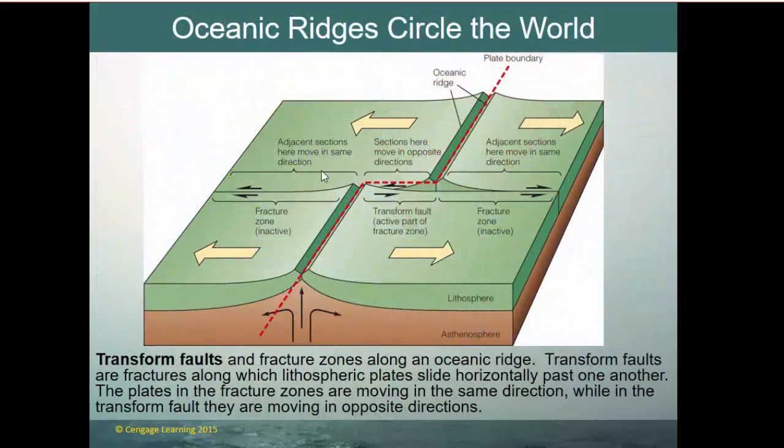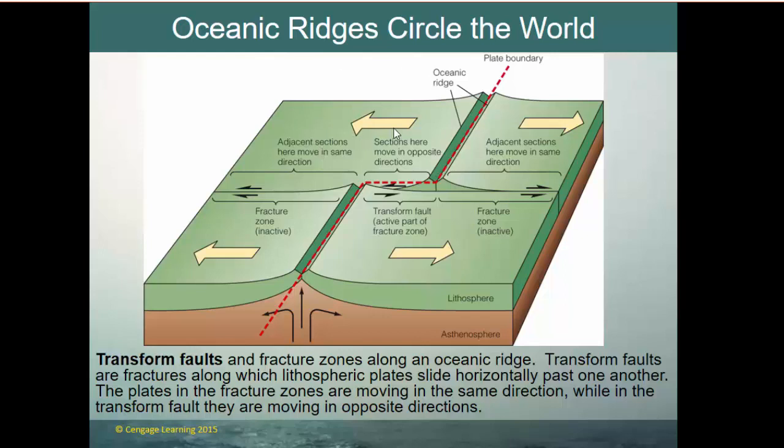Again, because the Earth is a sphere, we can't have one continuous line of a spreading center. So these spreading centers get split and displaced from one another by these transform faults. The transform faults and these fracture zones along oceanic ridges. Transform faults are the fractures along the lithospheric plates as they slide horizontally past one another. These plates in the fracture zone are moving in the same direction, while at the transform fault, they're moving in opposite directions.